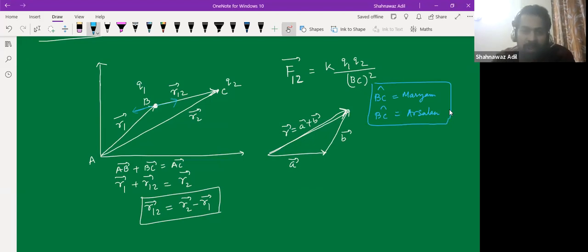Okay, so now I will change the name. The force at B due to C, and this is positive, this is positive. So the force would be attractive or repulsive?